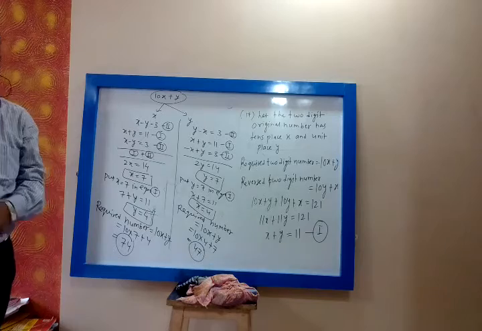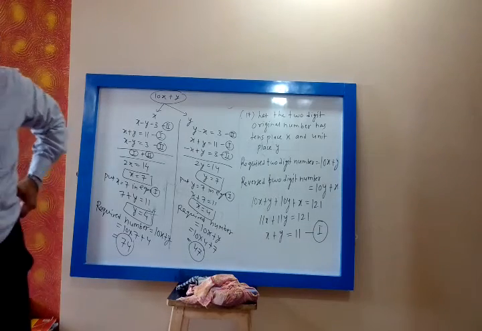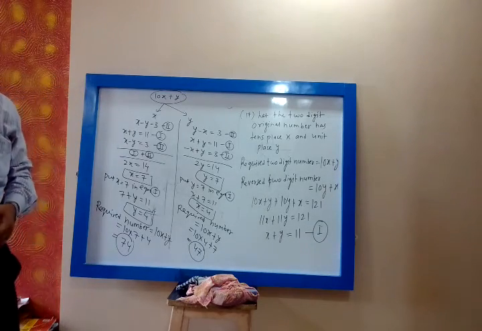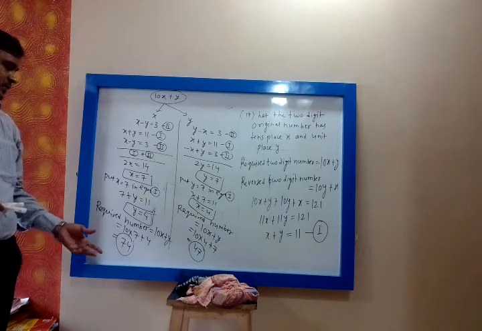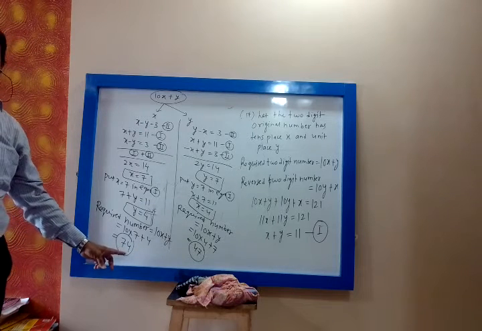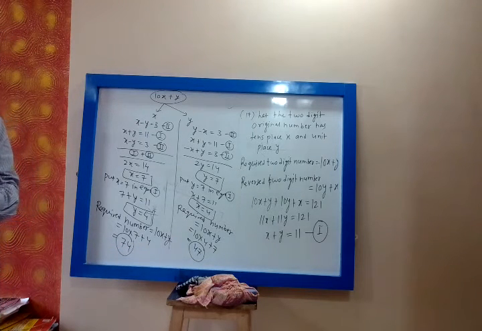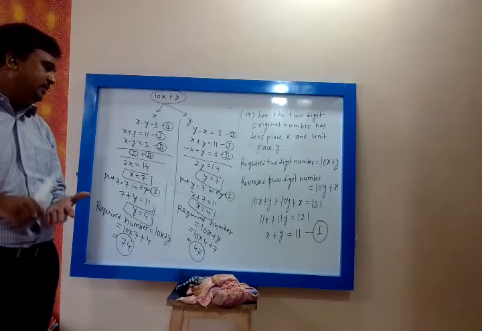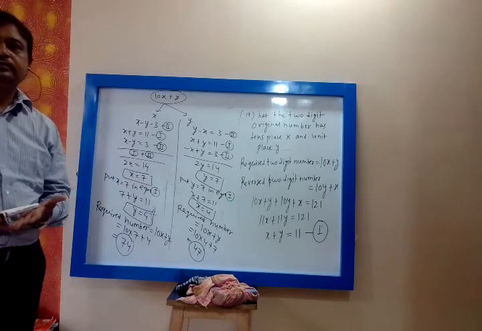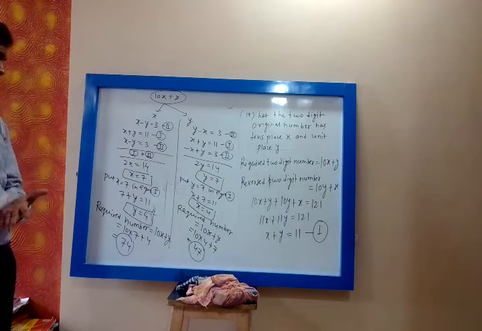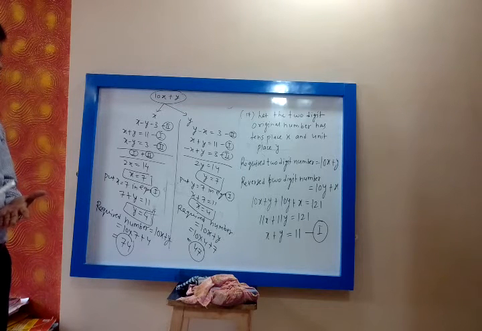Just see what answer is given behind. Yes, both the answers are there. Because see the difference. What is 7 minus 4? Their difference is given as 3.